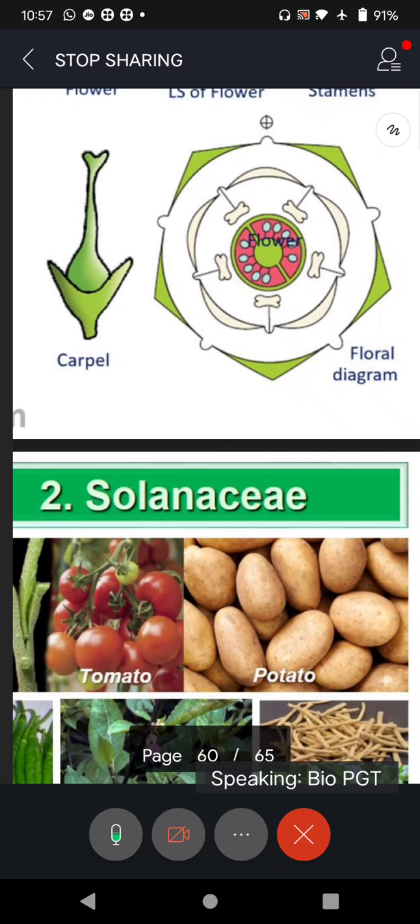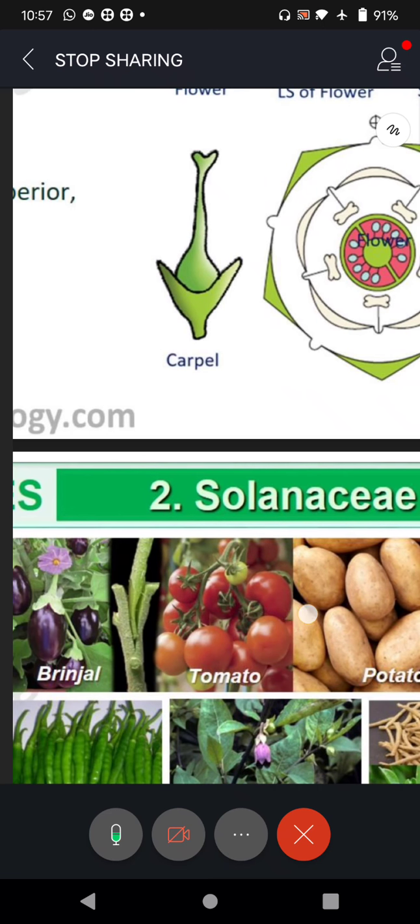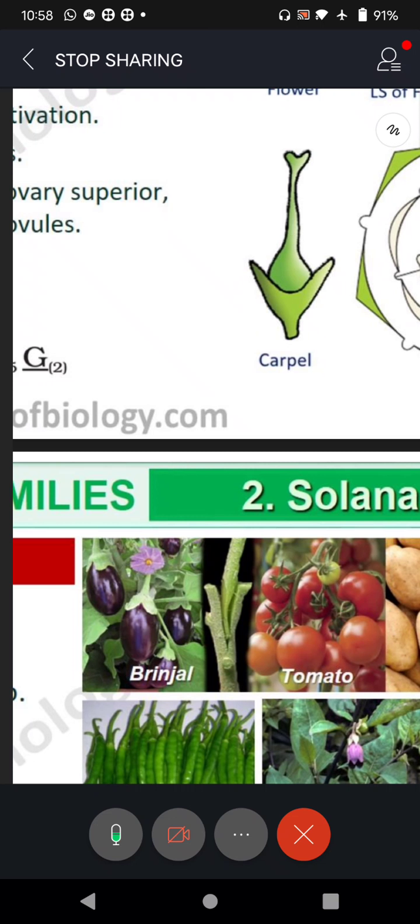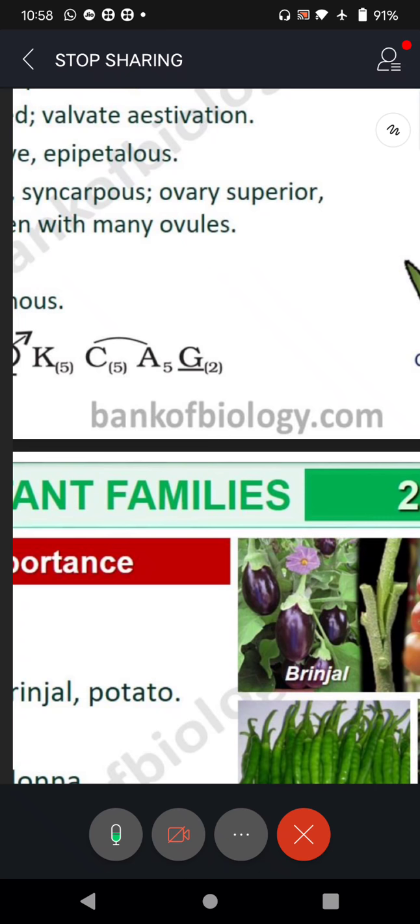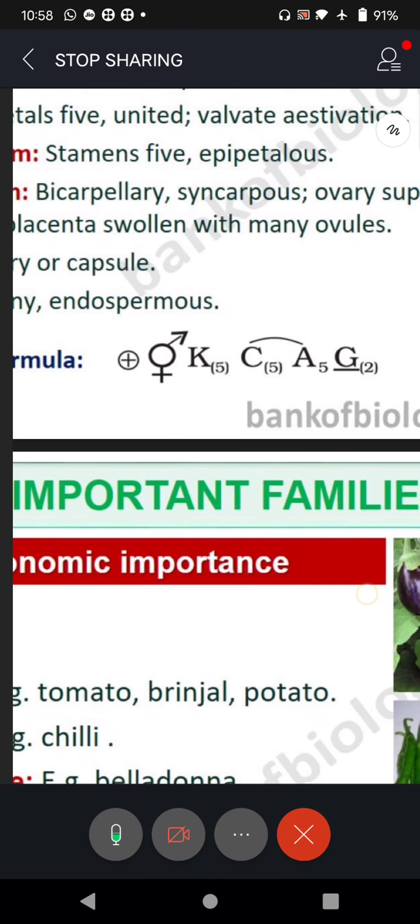And after drawing the floral diagram and floral formula, take a photo of this and put it in our WhatsApp group, so I understand that you have worked. Understood? I am expecting this from all the biology children. No laziness is allowed. Please draw the diagram, write the floral formula, first write the heading Solanaceae.